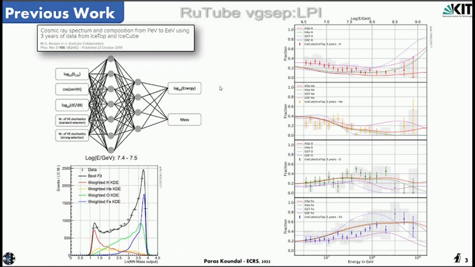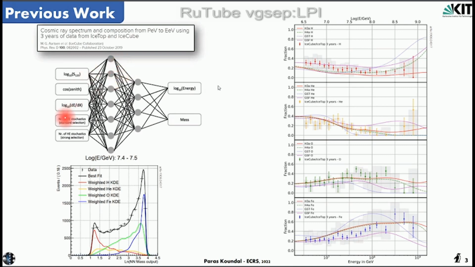About 3 years ago, IceCube published the spectrum and composition analysis. What we did was we had some high-level reconstructed features, and that was an input to a simple neural network, and we predicted energy and mass. A little bit of detail about the features. We had S125, which is a shower size parameter, and it's mostly an energy proxy.